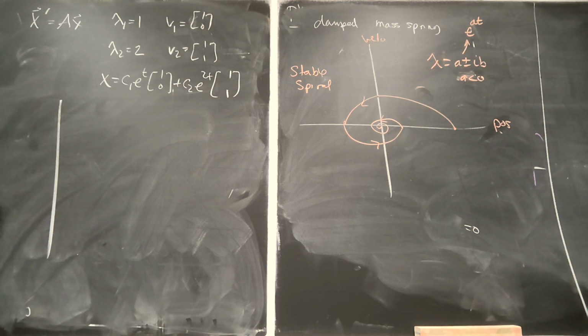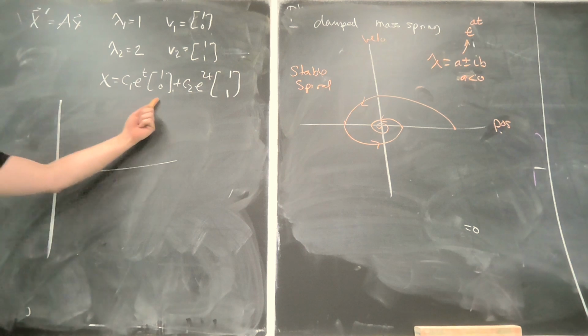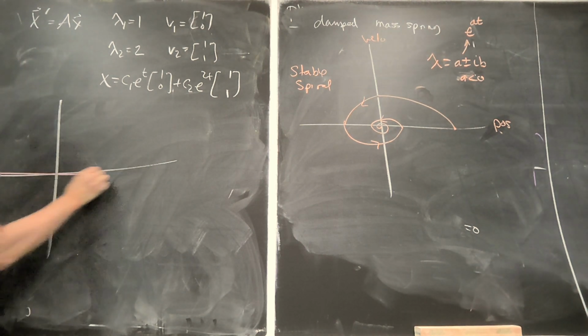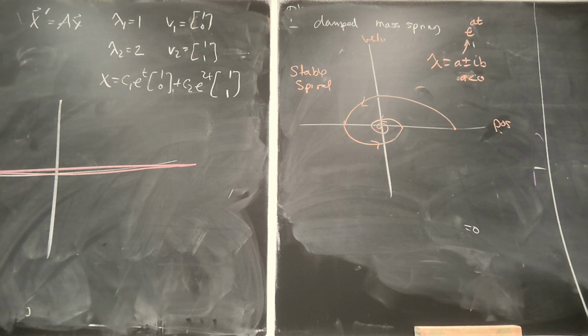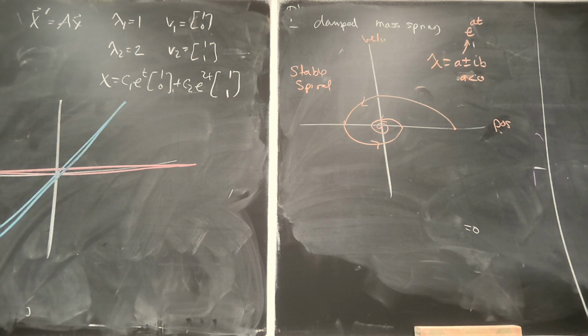Let's look at the phase plane here. So last time I showed you a picture where all the solutions were combinations of solutions that travel along lines dictated by these 2 vectors. There's a vector 1, 0, and there's a vector 1, 1. And every solution to this differential equation is a combination of solutions that are moving along these lines.